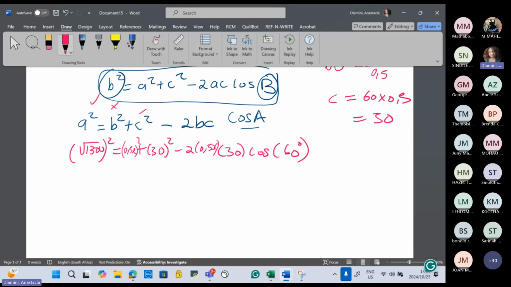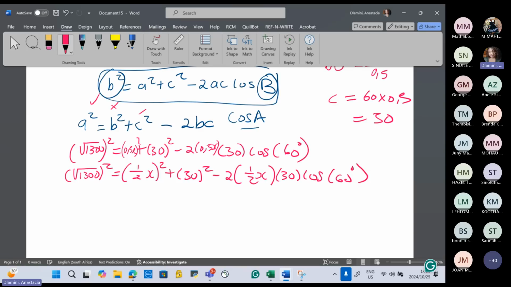Okay, let's leave it then. The square root of 13 squared is equal to 1 over 2 x squared plus 30 squared minus 2 times 1 over 2 x times 30 times cos of 60 degrees. So we found that this is 13,000.